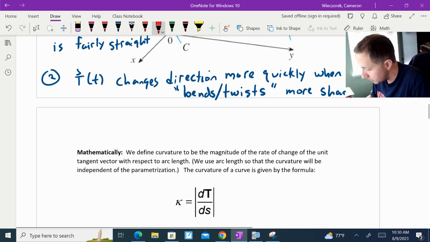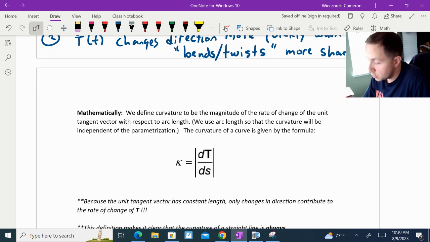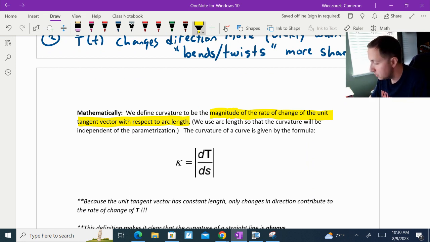Okay, so mathematically, we said it's a rate of change of how quickly the curve is changing direction. So that makes us think derivative. The curvature, we want it to be a numerical real valued number. So we need it to be a magnitude of the rate of change of the unit tangent vector with respect to arc length. So mathematically, the curvature is the magnitude of the rate of change of the unit tangent vector with respect to arc length.